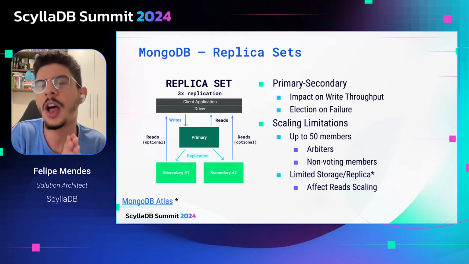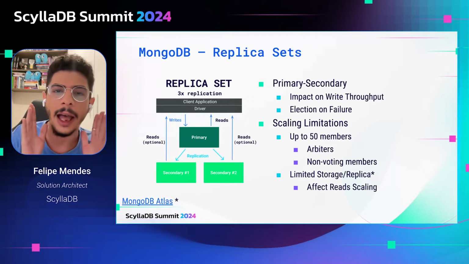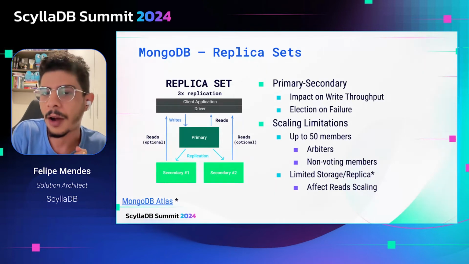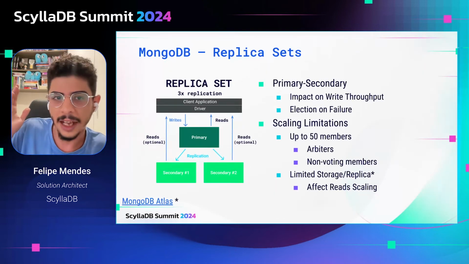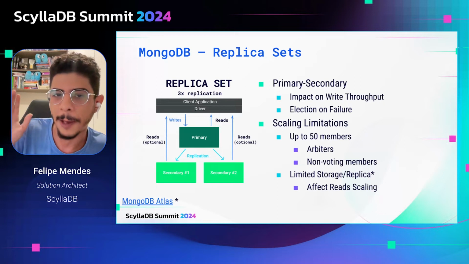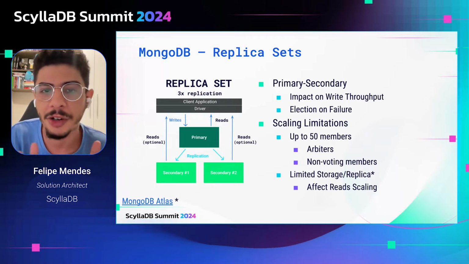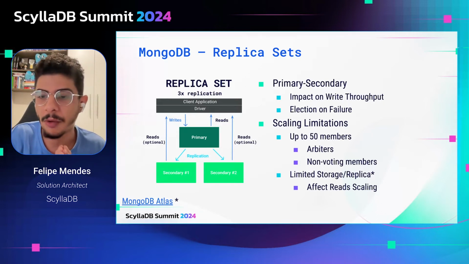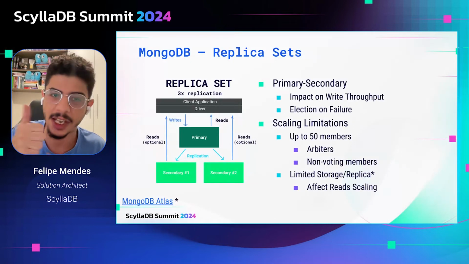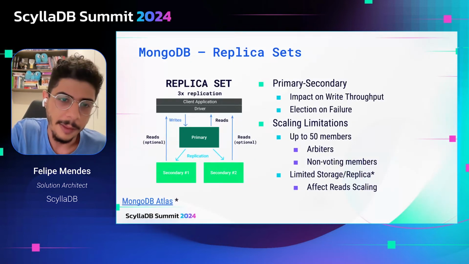So to address some of these shortcomings, your intuition might say, okay, so let's just add more primary replicas then, except that you cannot. By definition, a replica set can only have a single primary at a time.